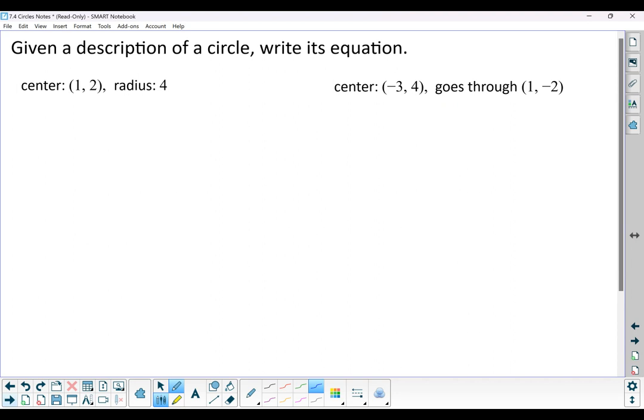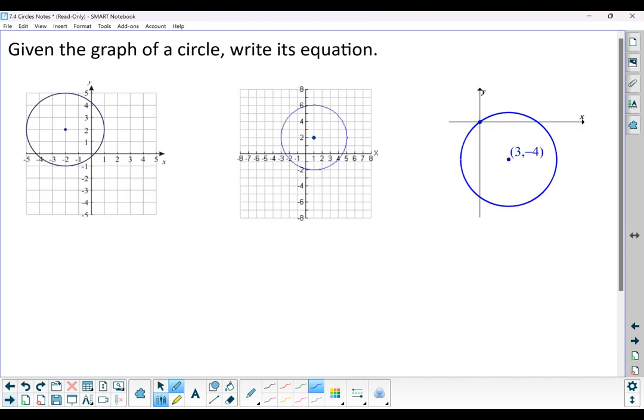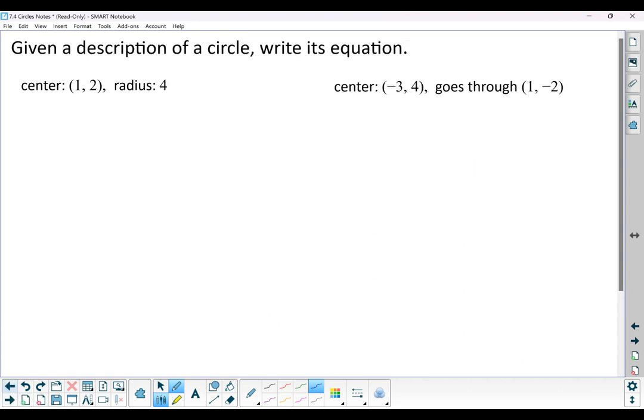If I gave you a description of the circle, whether in words like these two or in picture form like these graphs, you should be able to write its equation, just working backwards from what we've been doing. So this first one, and I do think when you're doing this, thinking about the Pythagorean theorem helps. With Pythagorean theorem, we should have something squared plus something squared equals something squared.